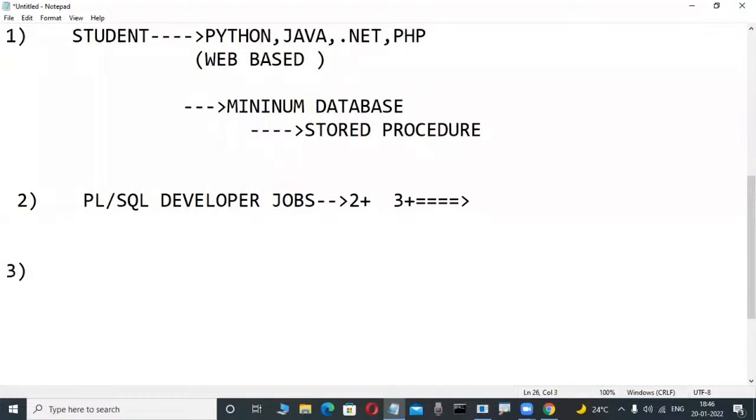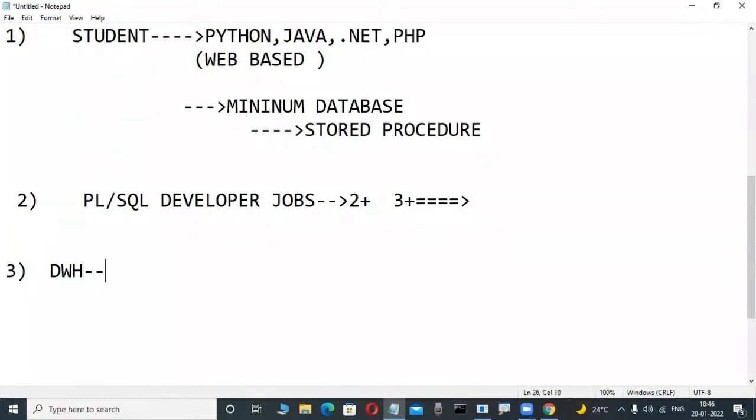Another type of persons: nowadays so many people do not have very good coding knowledge, maybe non-technical persons, and they want to move into software. In that case there is one type of job: data warehousing technologies.